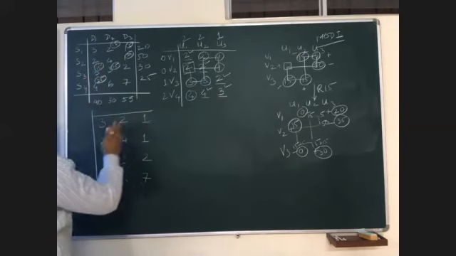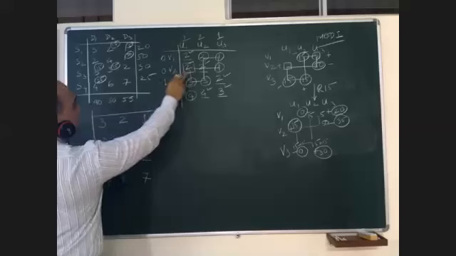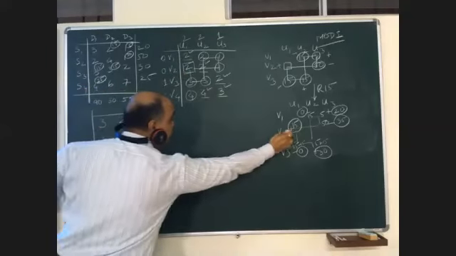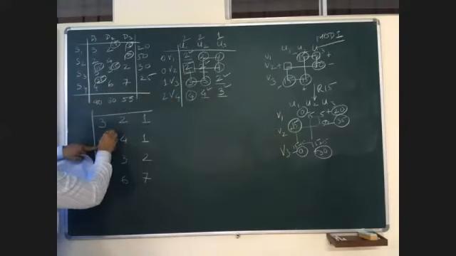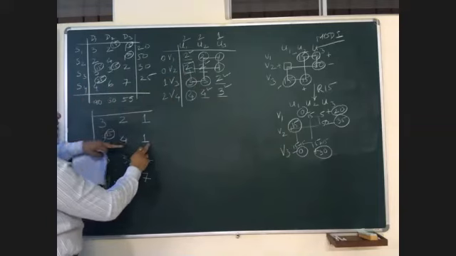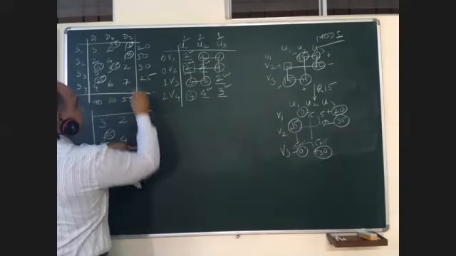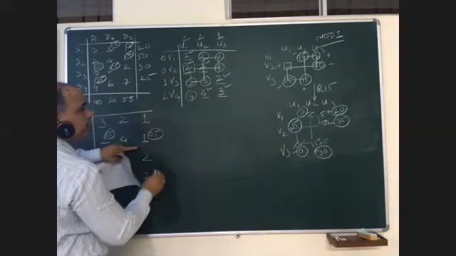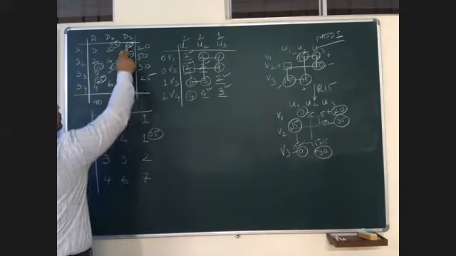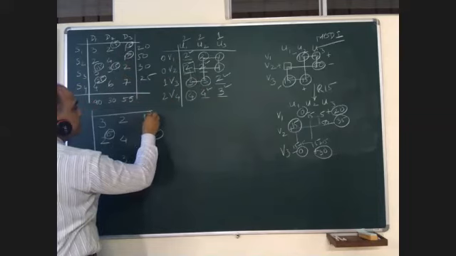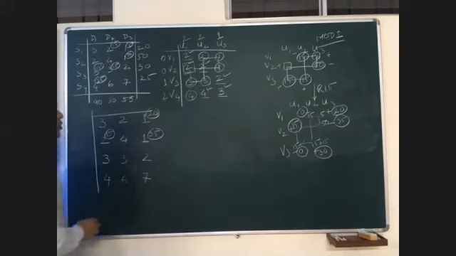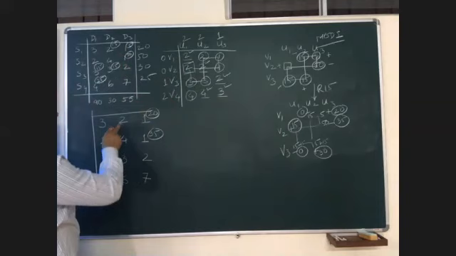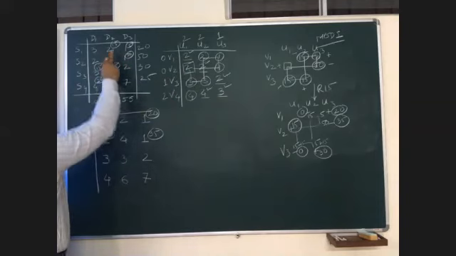Now, I'll transfer the figures. At this place, 2. At this place, the new figure is 15. Right? At this place, instead of 50, I got 35. At this place, it was 5. Now I got 20. At this place, it was 15.